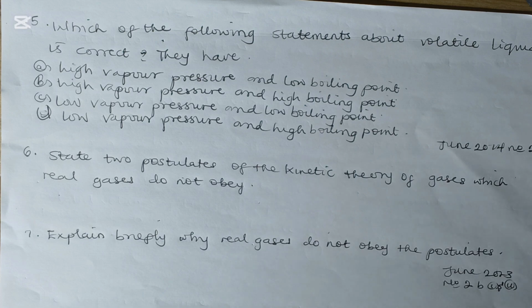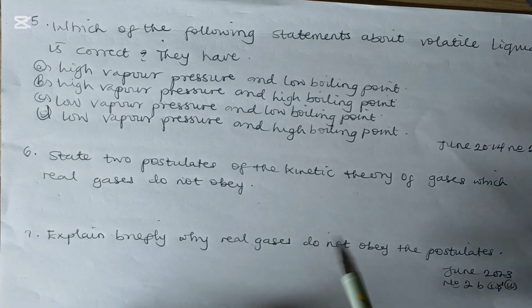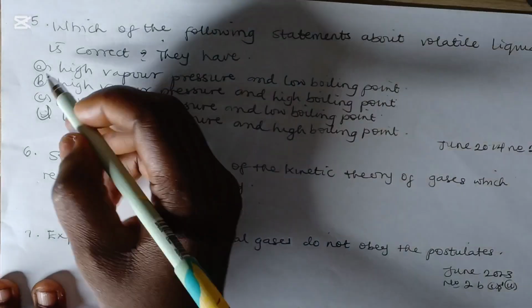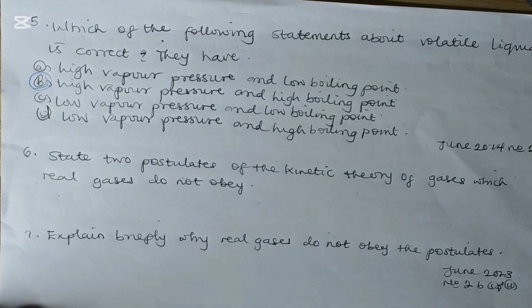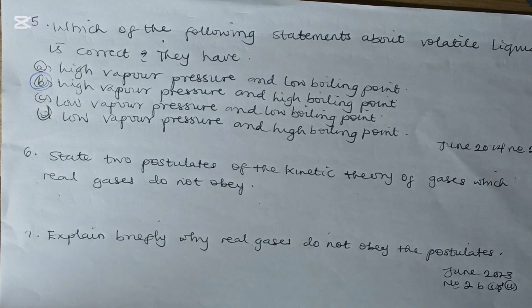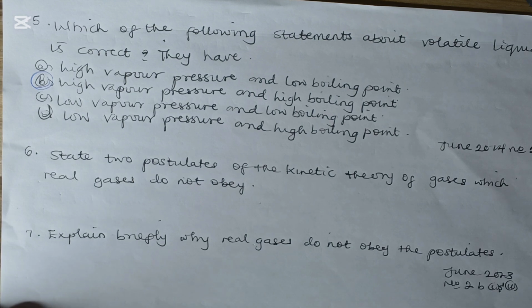And when they generate this high vapor pressure, they begin to break through and they escape. And this high vapor pressure is actually brought about by increase in temperature, which makes the particles escape into the atmosphere. That is the best option here, option B.